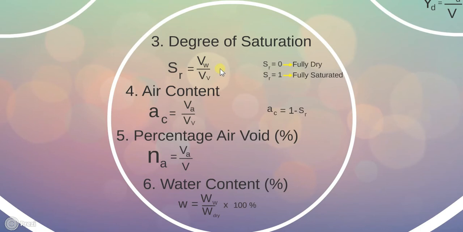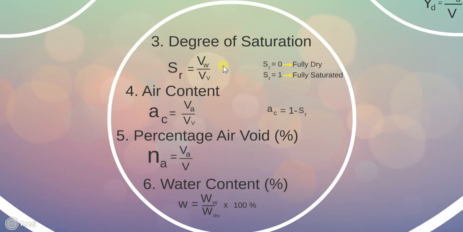Now, there may be two cases. The soil may be fully dry or fully saturated. If Vv and Vw are the same, then Sr will be 1 and the soil will be fully saturated. When can it happen?